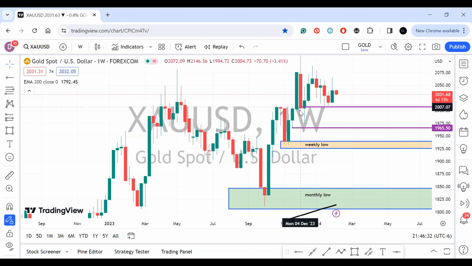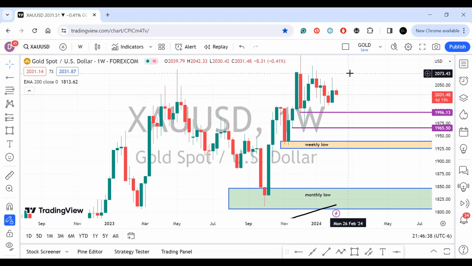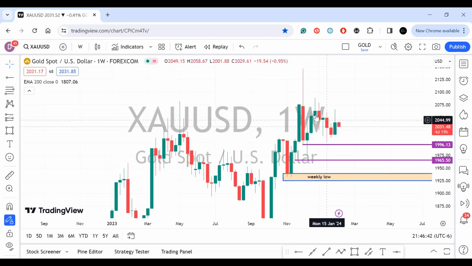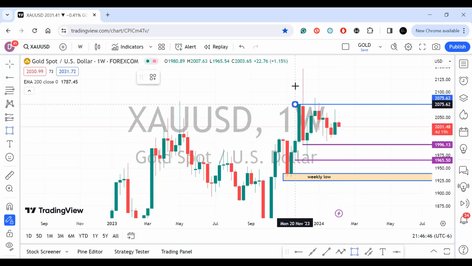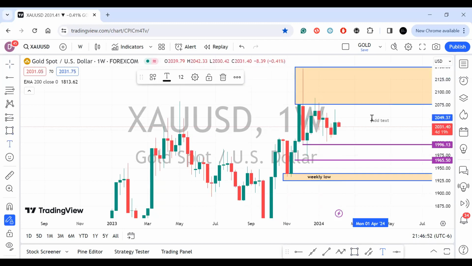And there's a weekly structure here because we're having two red candles that are pushing down. So we're having a weekly high there. So I will name here weekly high.